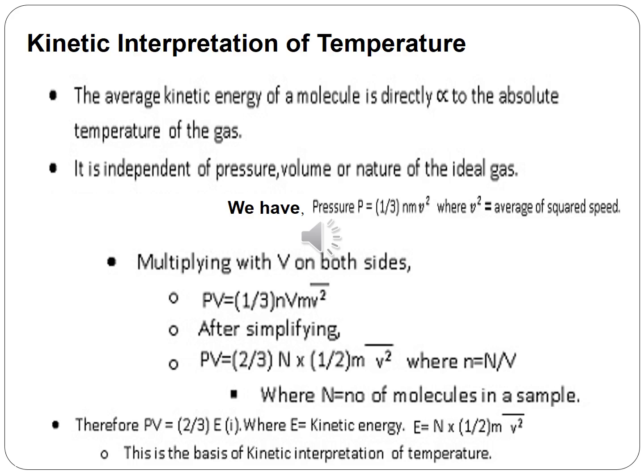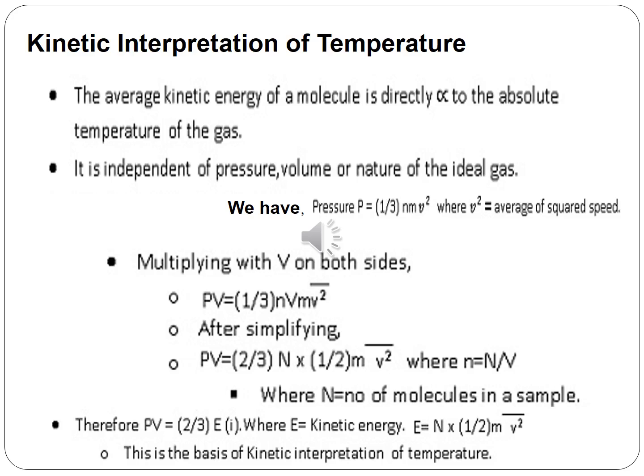By multiplying with V on both sides of the expression, we get PV is equal to 1 by 3 into N m v squared. Also multiplying by 2 by 2, we get PV is equal to 2 by 2 into 1 by 3 into N m v squared, which is equal to 2 by 3 into N into 1 by 2 m v squared.